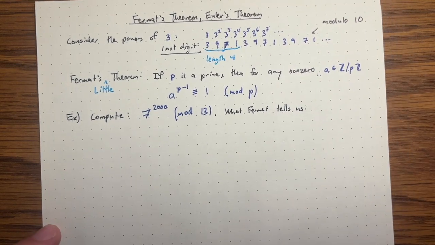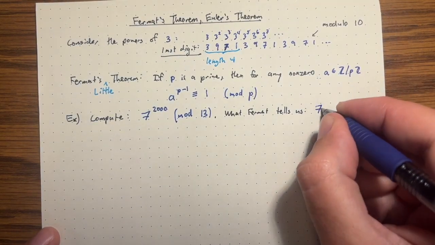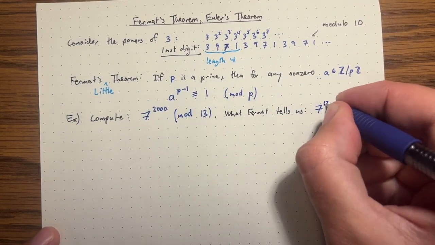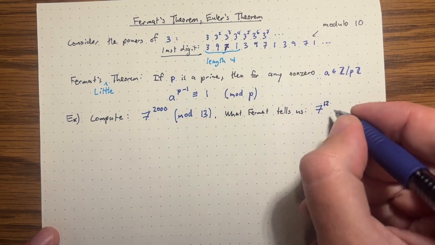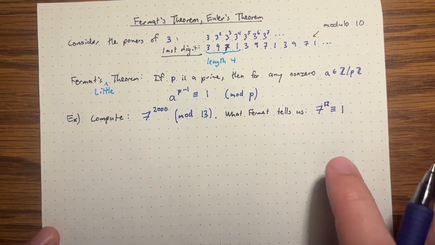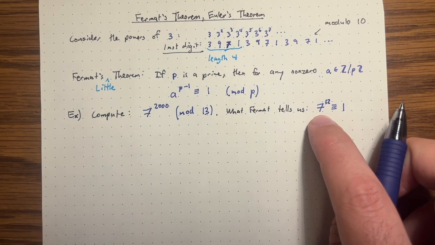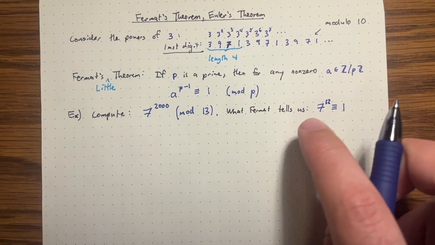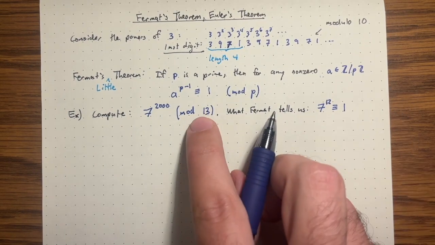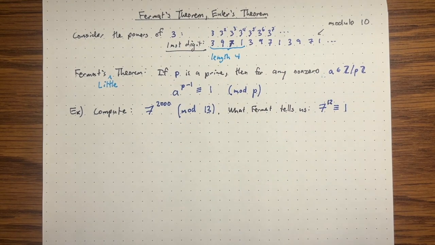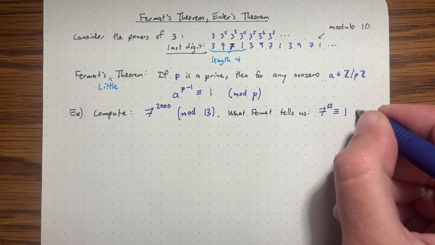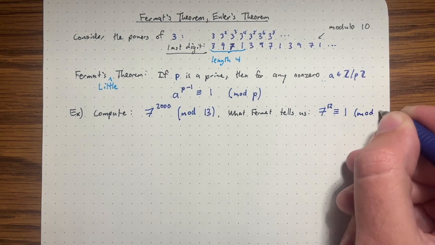What Fermat's theorem tells us is that if we do 7 to the 12th power, 1 less than 13, that's always going to be 1. It doesn't matter if it's 7. It could have been 6 or 5 or 4 or anything else, as long as it's not something congruent to 0 modulo 13. But this is what Fermat tells us.